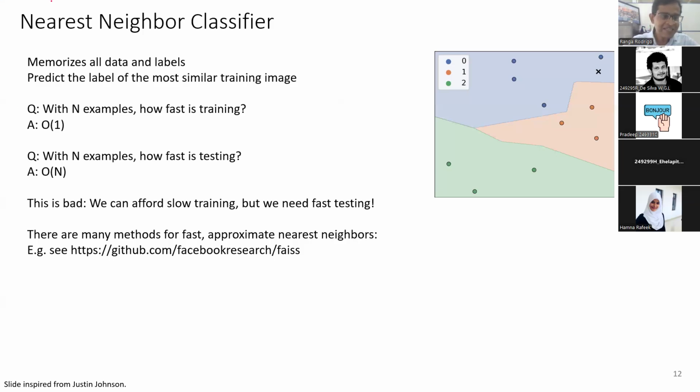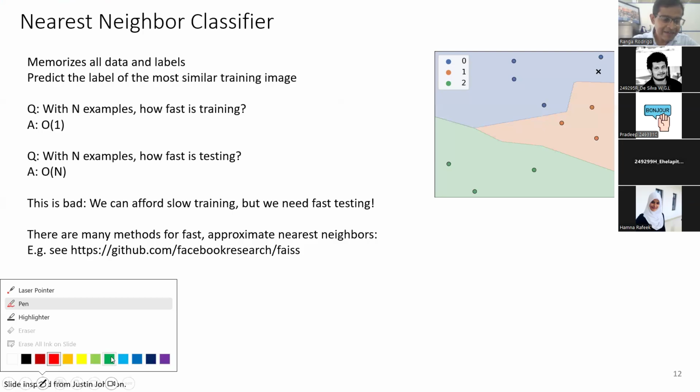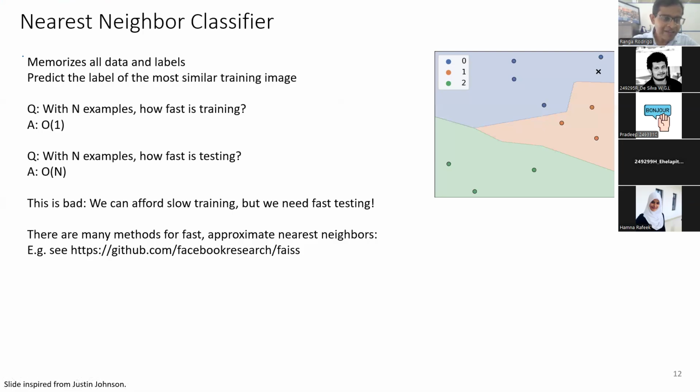The thing about this classifier is it memorizes all the data and labels, and predicts the label of the most similar training image. It's very simple, right? Most similar training image. Now, think about an example, it is like this.